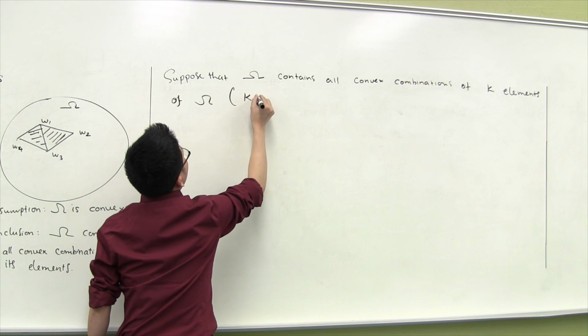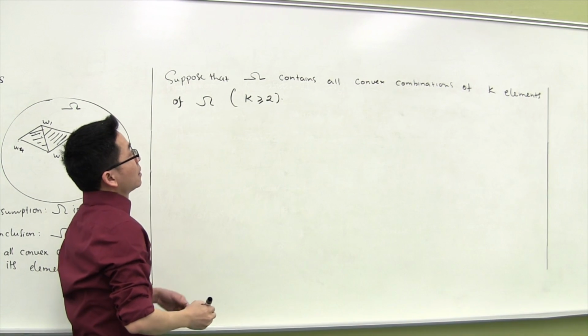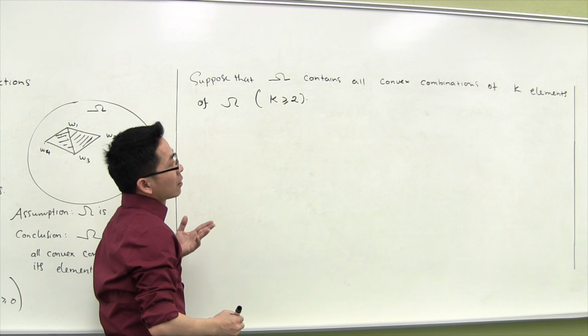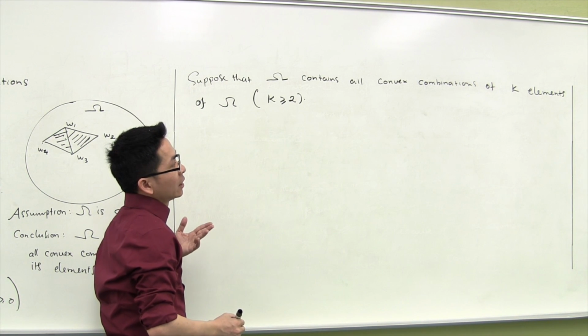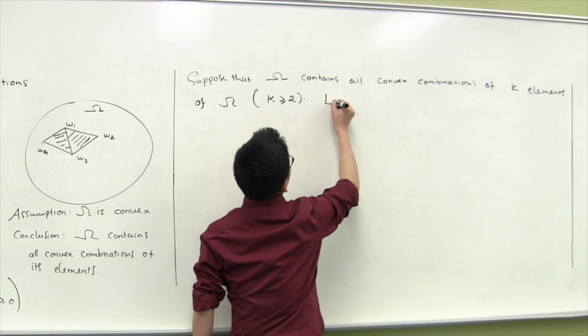Here k is greater than or equal to 2. Our goal is to show that omega contains all convex combinations of k plus 1 elements of omega. Let us show that.